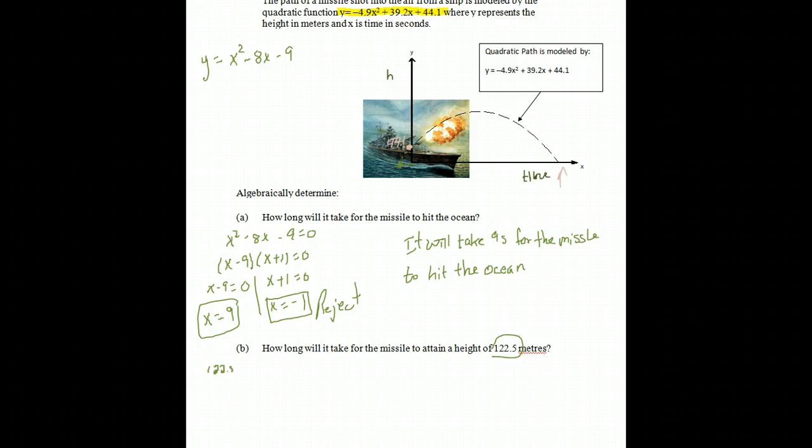So 122.5 equals negative 4.9x squared plus 39.2x plus 44.1. And it's going to be the same steps. We're going to bring the 122.5 across. It becomes negative, so we'll subtract it from 44.1, and we'll divide everything by negative 4.9.